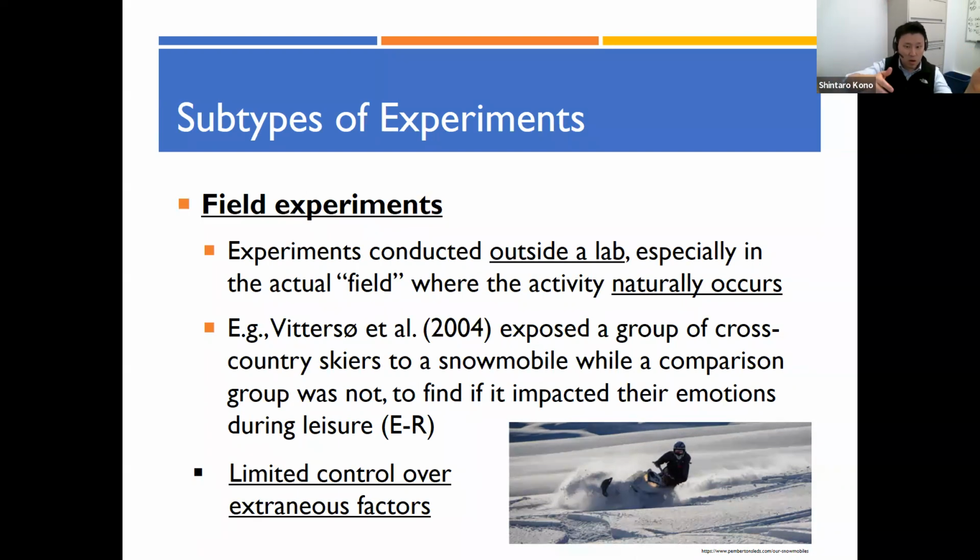For example, Bitarso and colleagues exposed a group of cross-country skiers to a snowmobile, while a comparison group was not exposed to a snowmobile, to see if encountering a snowmobile impacted their emotions during leisure. Guess what? It does. It actually negatively impacts, because you're skiers, you want to enjoy the snow, you want to enjoy the quietness, but then there goes the snowmobile, whoom, with a splash of snow, and disturbs that fresh, pristine powder snow, basically.